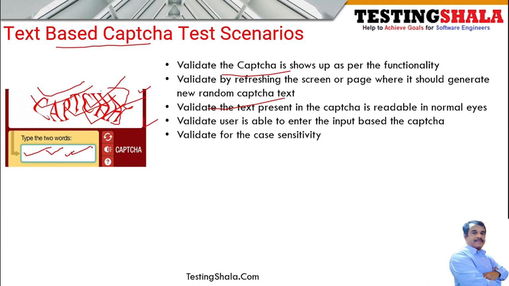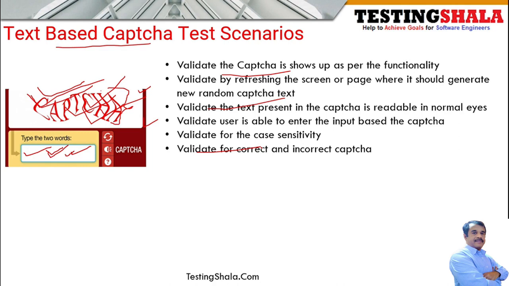Then next, you should also see if there is case sensitivity in this Captcha text, then the same you should enter in this text field as well. Then you should validate for both correct and incorrect Captcha. You should put the valid Captcha text into this text field and verify whether it can navigate to the next page or next functionality.